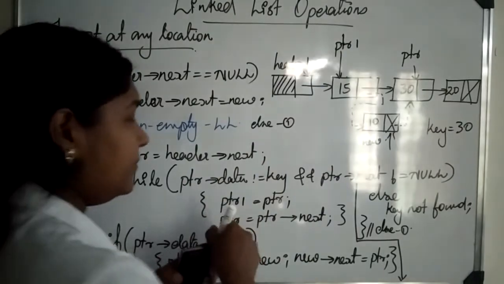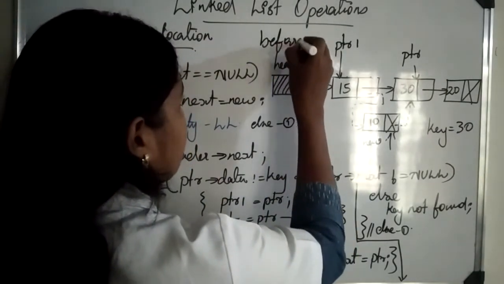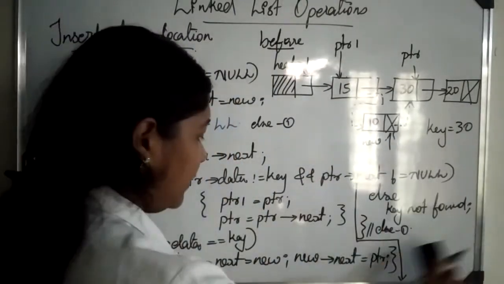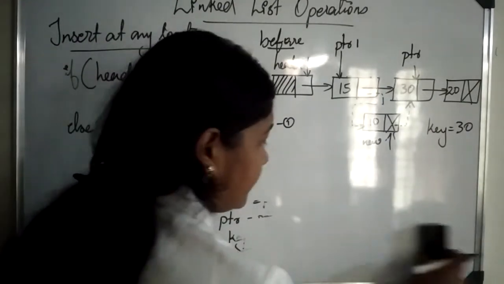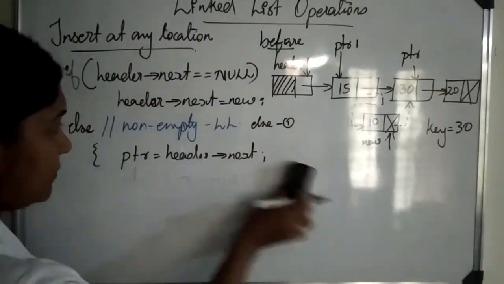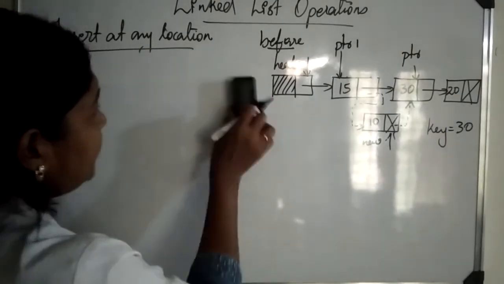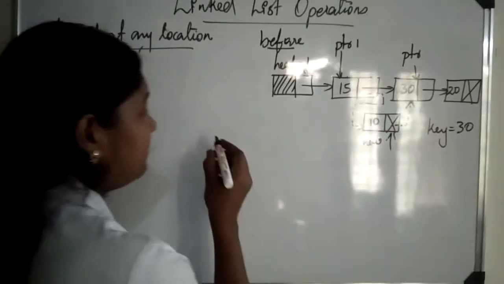This was the diagram before insert at any location in the non-empty case, right? So I hope you have written all these codes. So let me rub this part. We need to consider the diagram after insertion also. Then only our diagram will be complete.